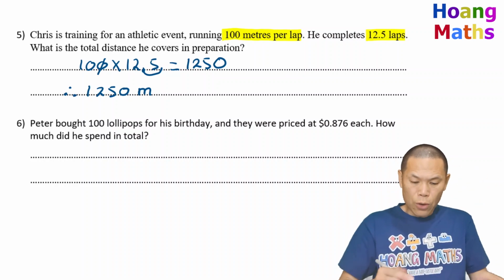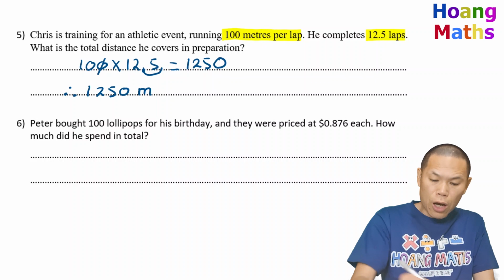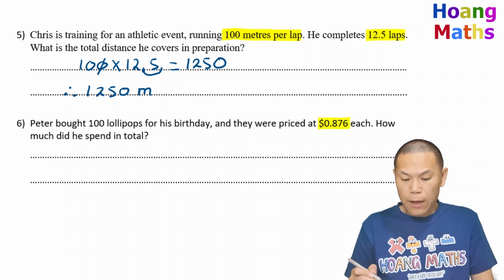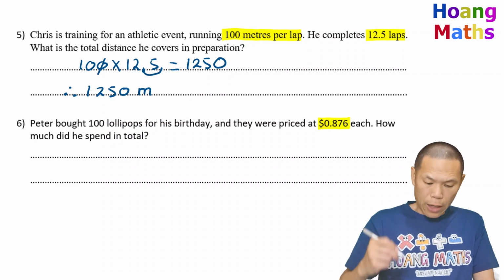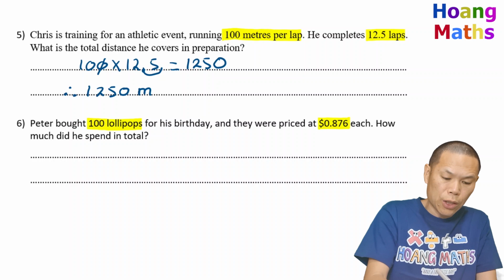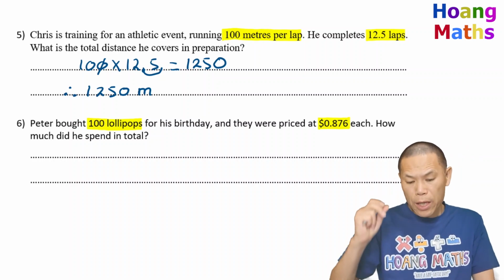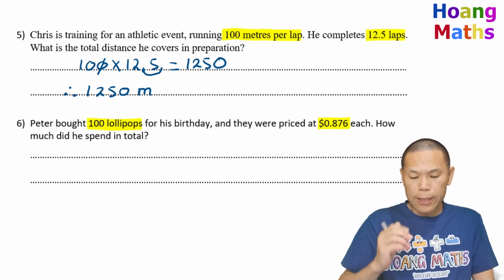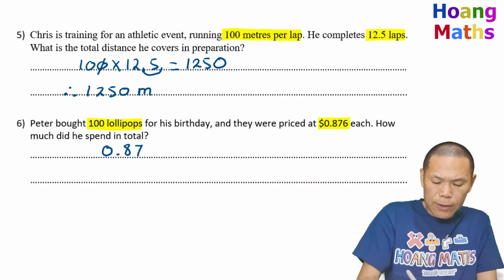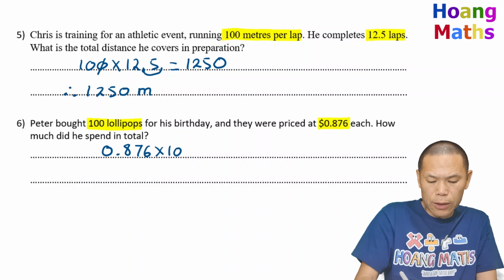Last one. So we know that each lollipop costs $0.876. And then we know that Peter bought 100 lollipops. So we just go 100 times 0.876, or 0.876 times 100.